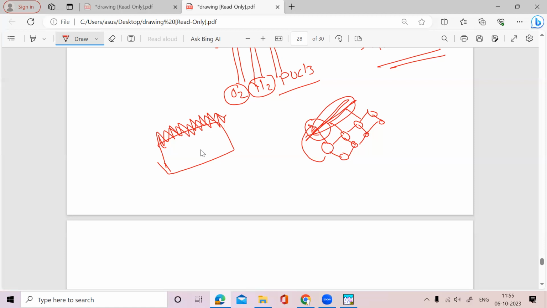Electronically, it is not possible. Electronically, the only possibility is to deposit some dielectric or use some plasma effect.